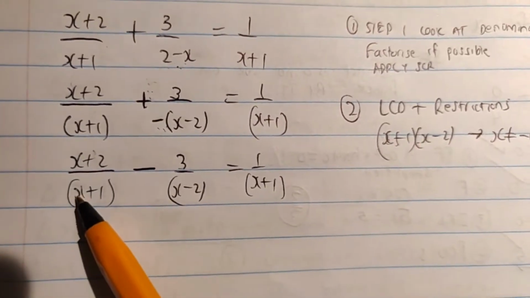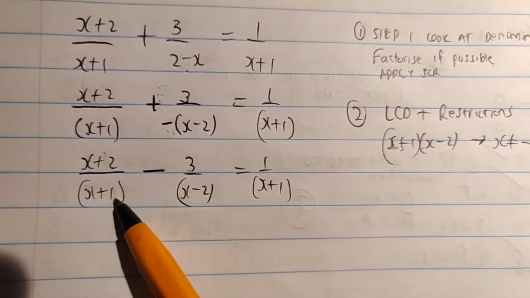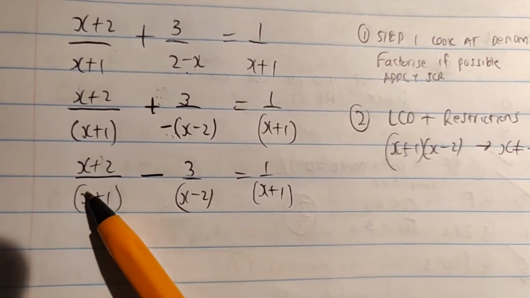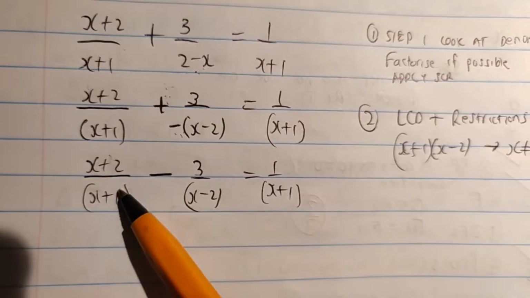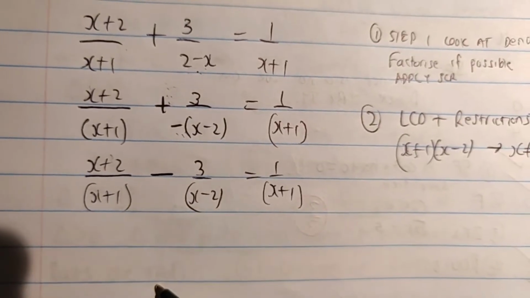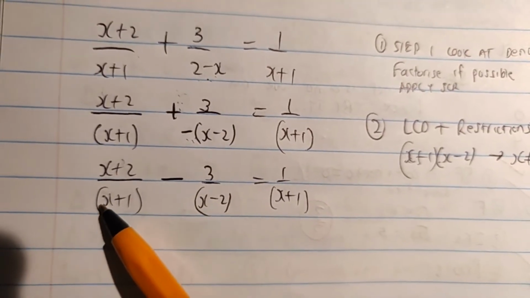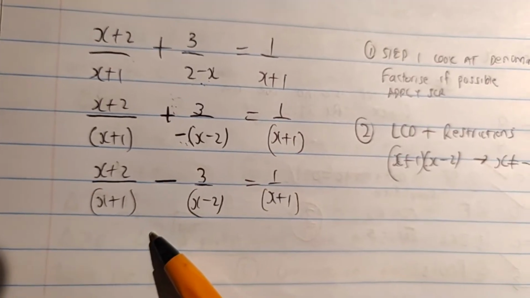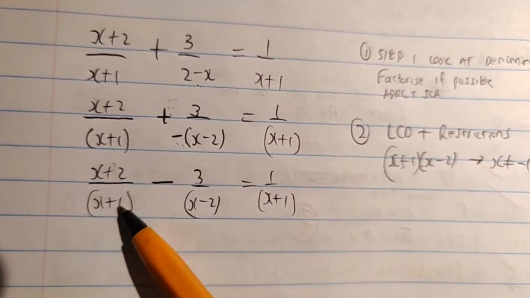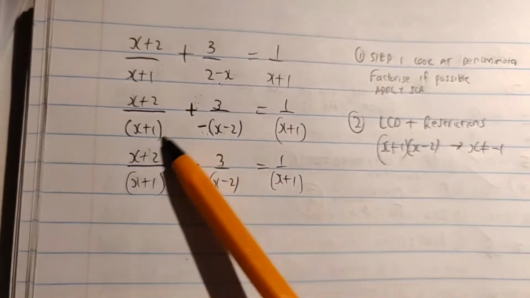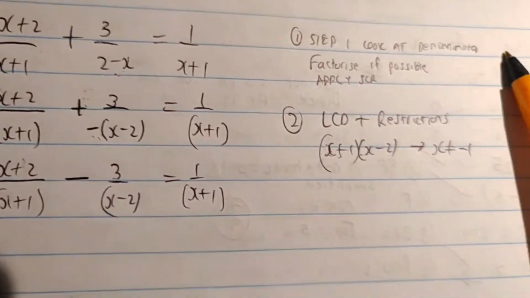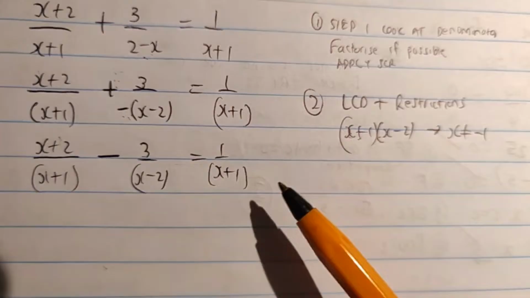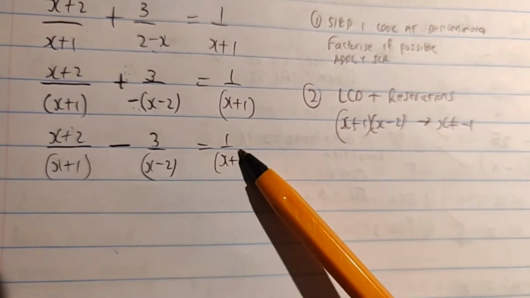Remember guys, if x is negative 1, what's negative 1 plus 1? It gives you 0 in the denominator. We don't want our equation to have an x value at the end that will substitute and give 0 in the denominator. Why? Because 0 in the denominator means that the fraction is undefined. The entire equation will be undefined. So we write down a restriction to avoid values of x that will make the denominator 0.